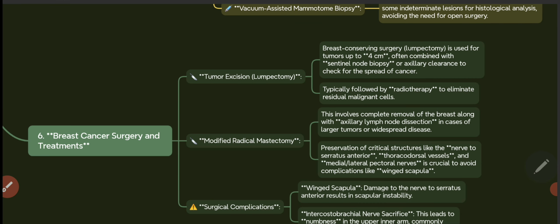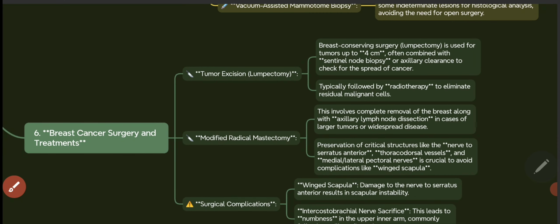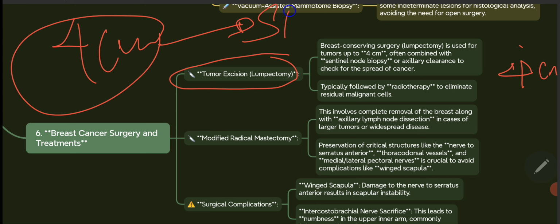Right. What are the methods of breast cancer surgery that you have known? Tumor excision, that's lumpectomy. It is used for tumors up to 4 centimeters in size, and it is always combined with sentinel node biopsy or axillary clearance, typically followed by radiotherapy.